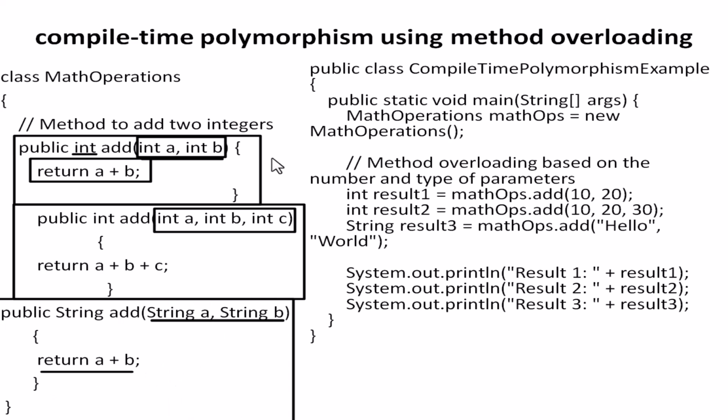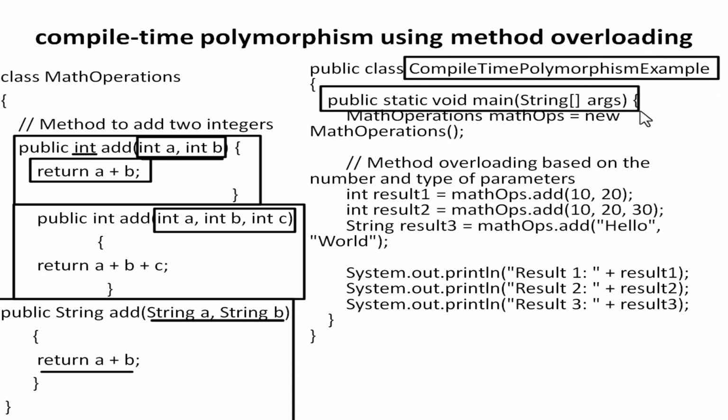So here we have another class called CompileTimePolymorphismExample, the name of the class, and we have created a main function. Within the main function, we are creating an object for MathOperations, because without creating an object, we cannot interrelate these two classes. So now we have created an object, mathOps, as the object name.